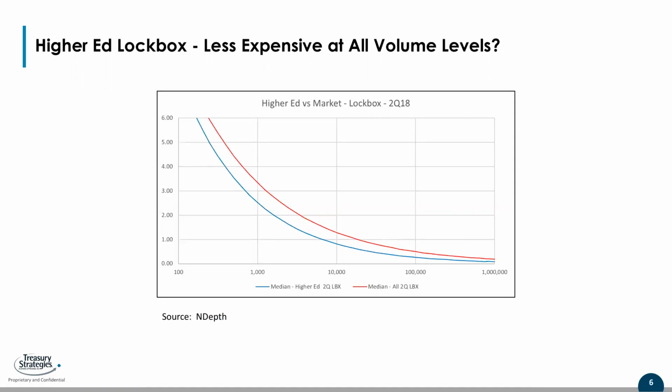And the vertical axis on the left is the all-in unit price of the service. One of the fascinating things that jump right at you is the degree to which these curves slope downward and to the right, which show that these are really scale-driven services.